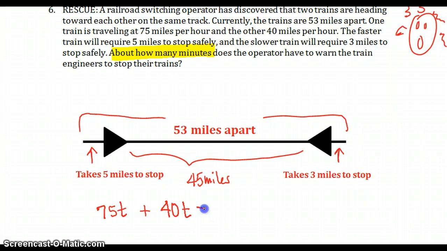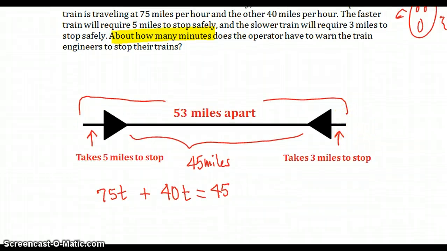And together we have 45 miles because we had to subtract the 5 and the 3 that they need for stopping. So how much time do we have? Well, you total this up and solve for t.